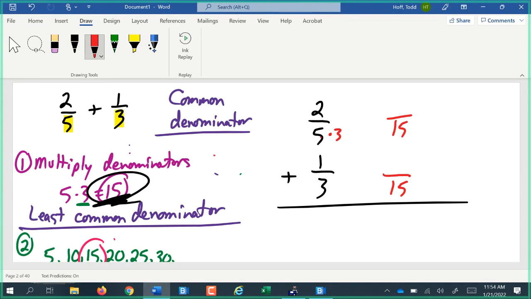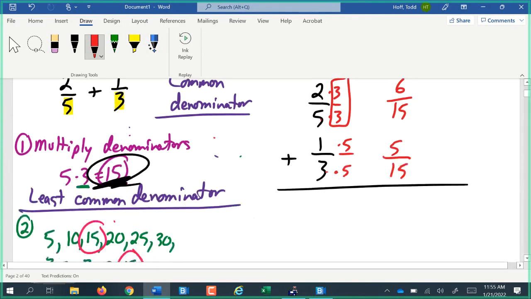The 2 also has to be multiplied by 3 to give me 6. Multiplying by that is the unity fraction, 3 over 3. The second fraction is going to use a different unity fraction because I have to turn 3 into 15. That's multiplying by 5, so I multiply the numerator by 5 as well. 1 times 5 is 5. Again, 5 over 15 has exactly the same value as 1/3.